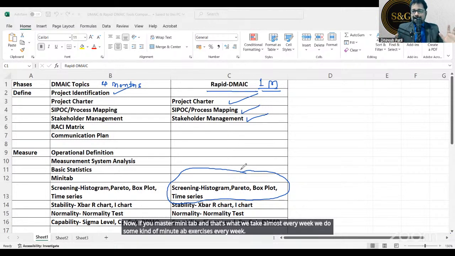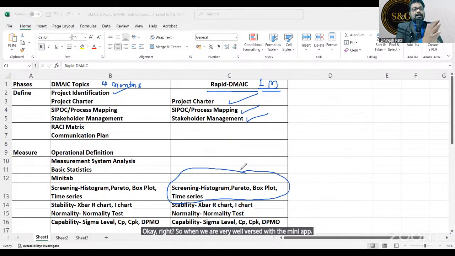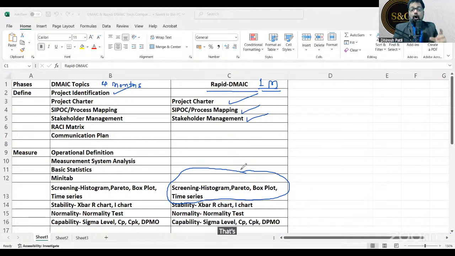When we are very well versed with Minitab, it literally takes seconds and minutes to convert the data into graphs, box plots, trend chart, Pareto chart, X bar R chart, I chart, and data transformation, process capability. It's a matter of minutes. That's why we focus on data capturing very much.